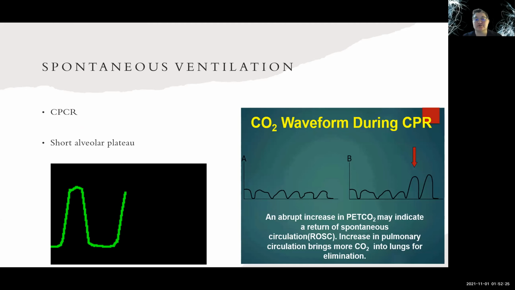Spontaneous ventilation. This is something we want to see when we're doing CPCR. The frequency is going to be steady with each breath. Same with the rhythm. Now the height, it's going to go from that shortened height that we see in image A, and that's where we are giving positive pressure ventilation.